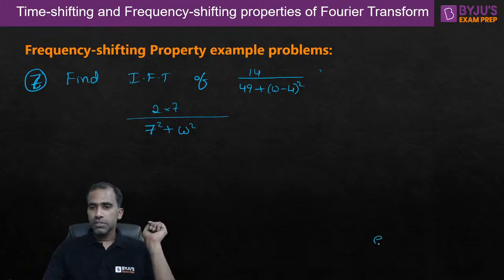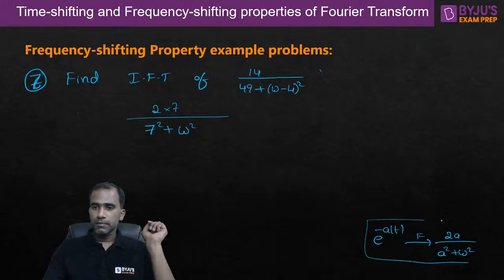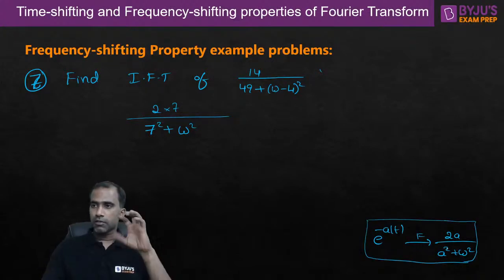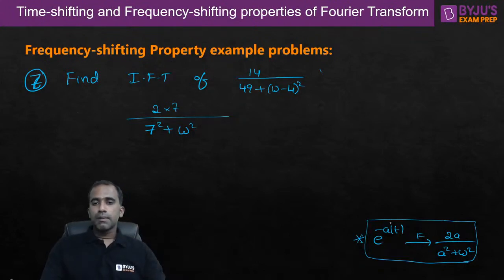Let me write that function. E power minus a mod t is a function whose Fourier transform is 2a by a square plus omega square. So this is one Fourier transform that we have to remember. Out of 4 or 5 Fourier transforms that we have to remember, this is one of them. Very important.